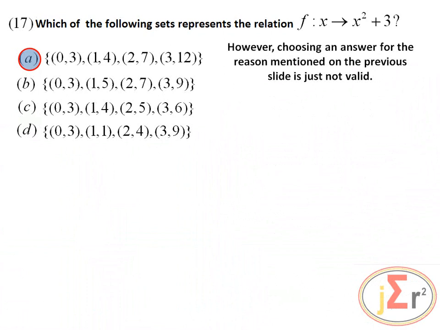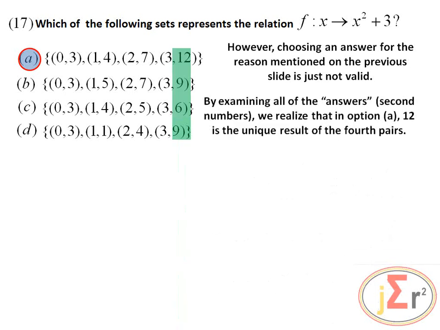However, choosing an answer for the reason mentioned on the previous slide is just not valid. It is not a valid enough reason for choosing an answer in a multiple choice examination. By examining all of the answers, the second numbers, that is, we realize that in option A, 12 is the unique result of the fourth pair.